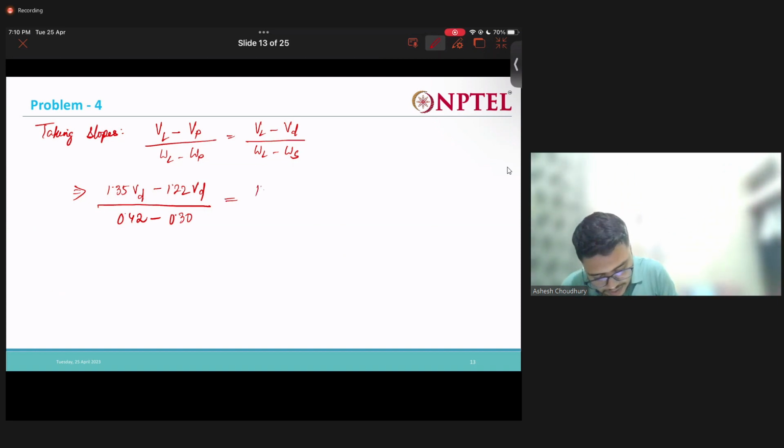Next we have 1.35 minus 1.22 divided by 0.42 minus WS, where 0.42 is given and WS is our unknown.